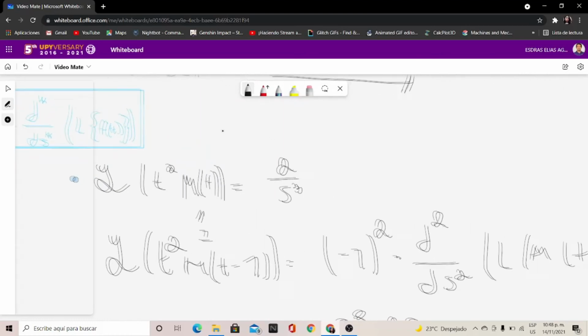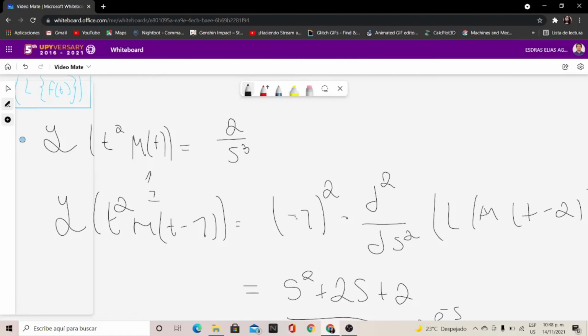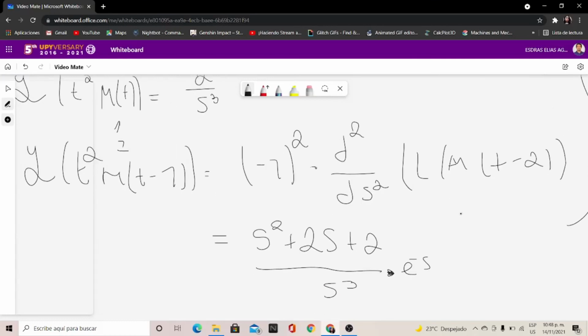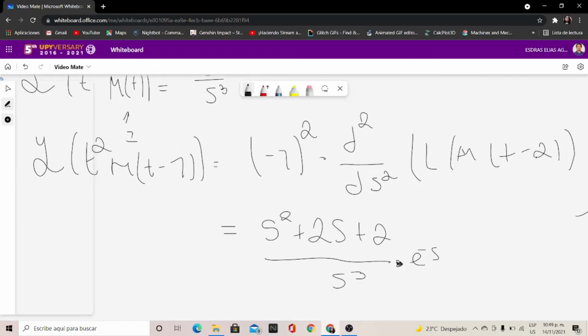Here we have minus 1 squared, because we have t squared, times the second derivative of the Laplace transform of the unit step of t minus 1.